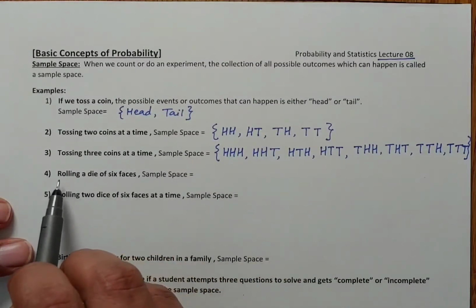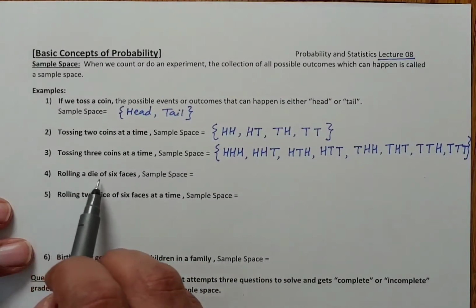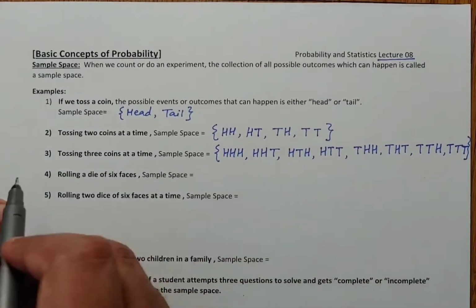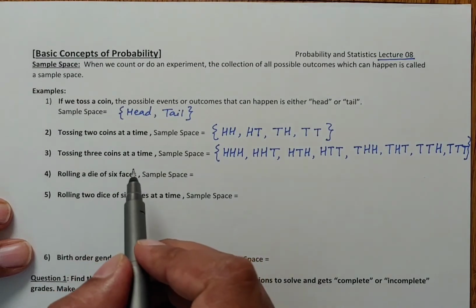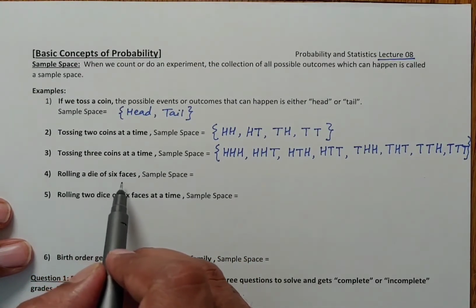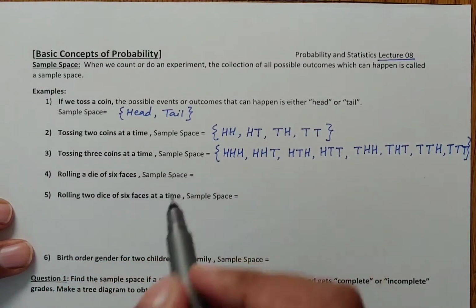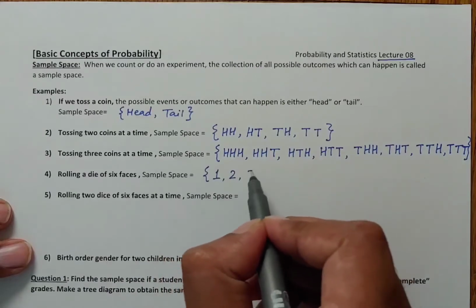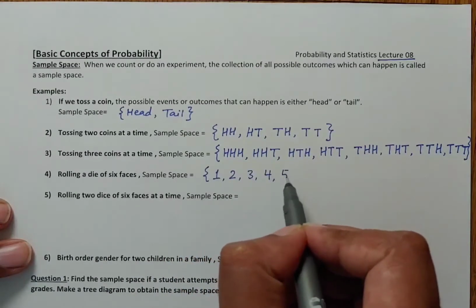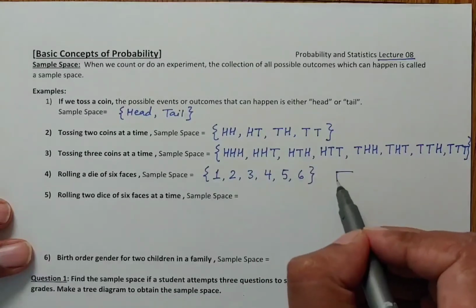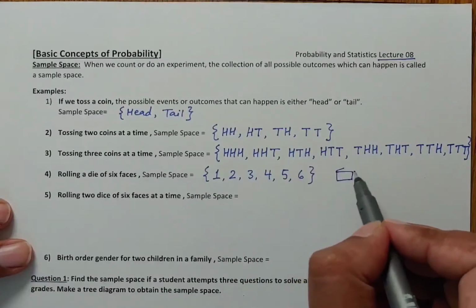Now the next example is rolling a die of 6 faces. You know the dice, right? It has 6 faces. So when you roll a single die, the sample space is 1 or 2 or 3 or 4 or 5 or 6, because the dice has 6 faces.